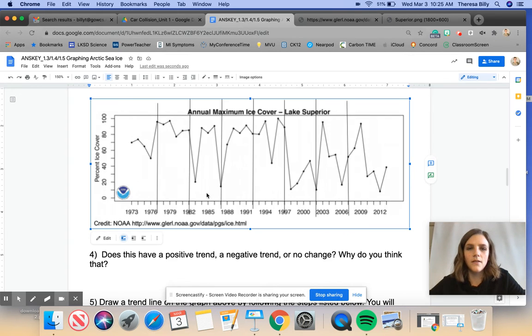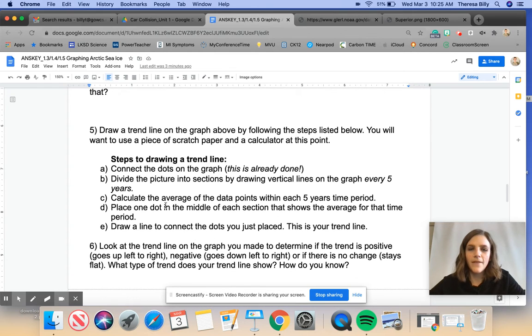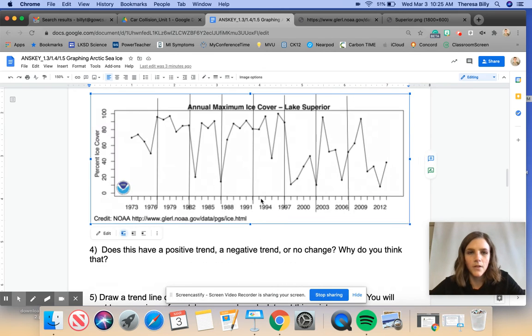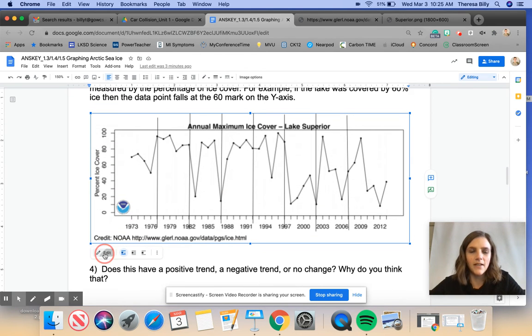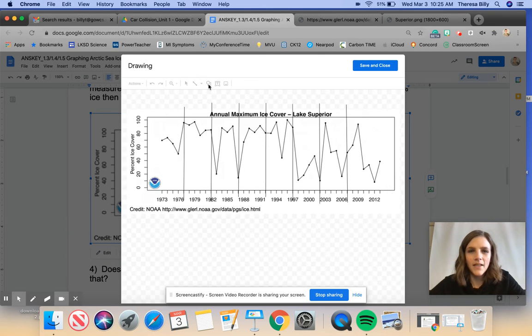All right, now we're going to keep that number in our head, and we're going to go back to our graph here. When we have that average, we're going to place one dot in the middle of the section that we got that average from. So now I have to click on this graph again and click edit. And this time I want to add a dot at approximately 70 to 71. We're just going to do the best that we can, just estimate the location of where that dot should go.